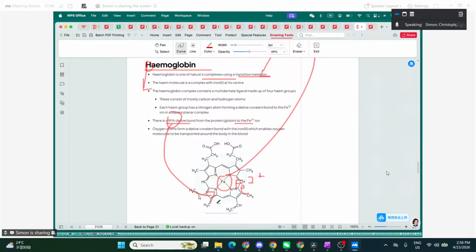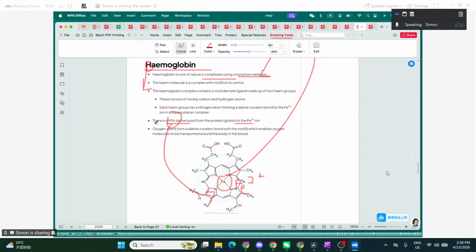According to the graph, there are only four dative covalent bonds with the nitrogen atoms from the heme group, in the square planar arrangement.